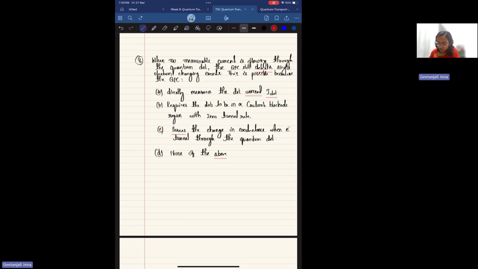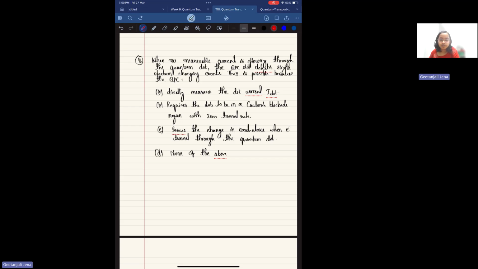Question number 8. When no measurable current is flowing through this quantum dot, the QPC still detects single electron charging events. This is possible because the QPC: option A, directly measures the dot current, I_dot. Option B, requires the dot to be in the Coulomb blockade region with zero tunnel rate. Option C, senses the change in conductance when electrons tunnel through the quantum dot.